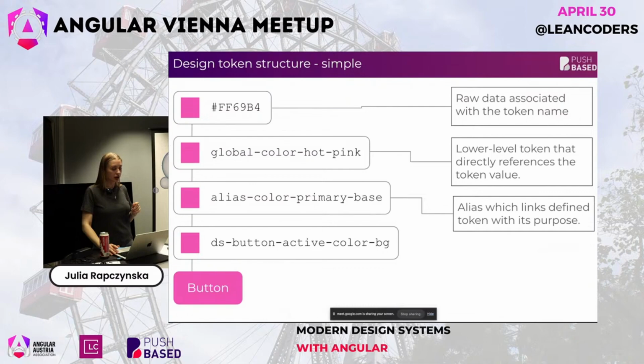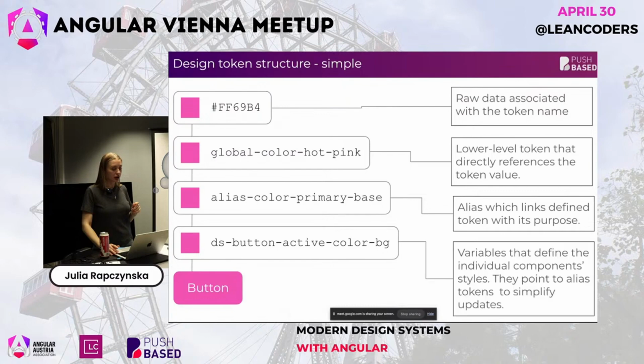In this particular case, we have the hot pink color defined here, and then we have the alias token, which points to the hot pink color, and in our application it acts like a primary color. Based on that, we create the component token, a variable that pretty clearly says that for the active button background, we point to the primary color.